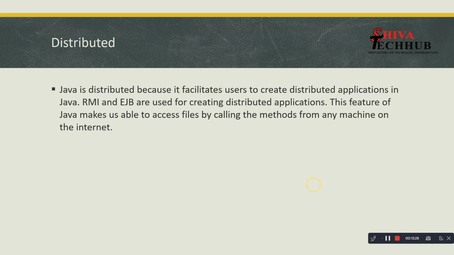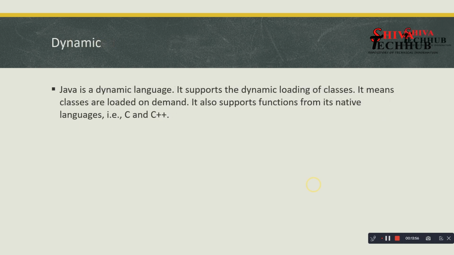Whenever an application is distributed in nature, we are able to access files by calling methods on any machine on the internet. For example, if a method is present on some remote machine, we can call it by using technologies like remote method invocation and Enterprise Java Beans. That is why we call Java distributed in nature.